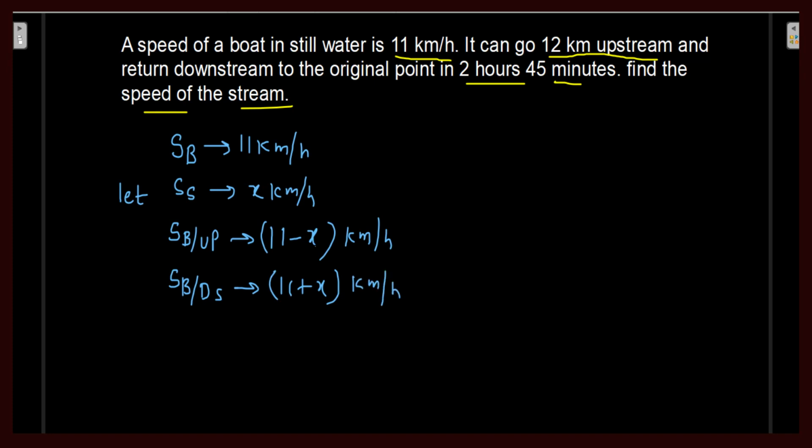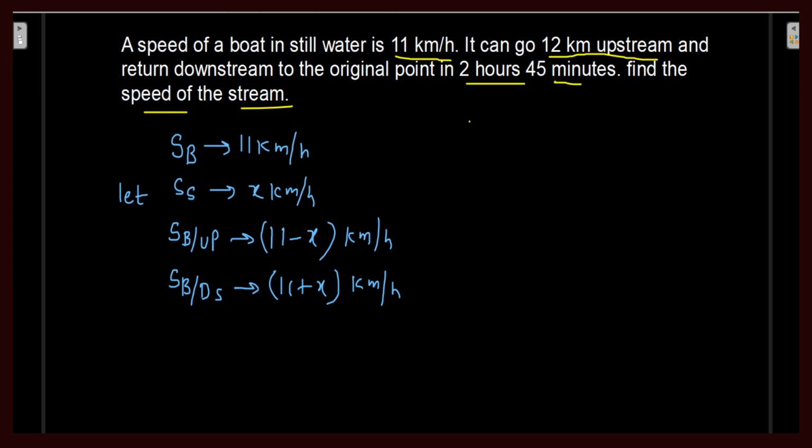This is subtracted because we are going upstream, and therefore the speed of the stream opposes the speed of the boat. While going downstream, the speed of the stream is added to the speed of the boat in still water.